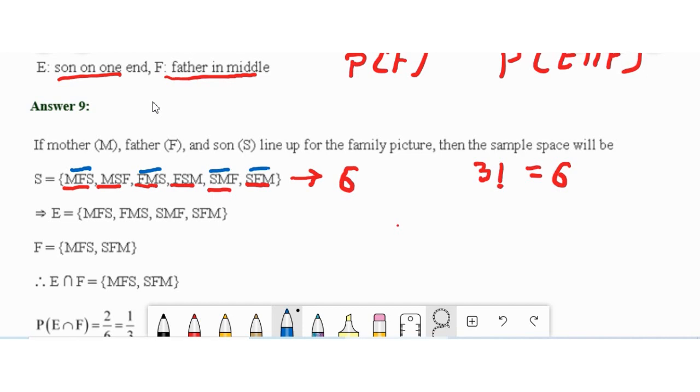I am writing over here MFS, FMS, SMF and SFM because these are the possible outcomes: 1, 2, 3, 4.